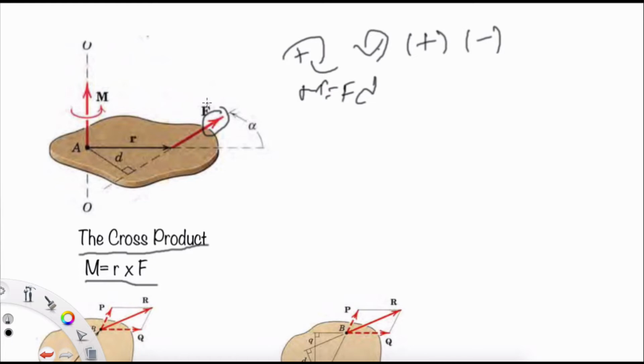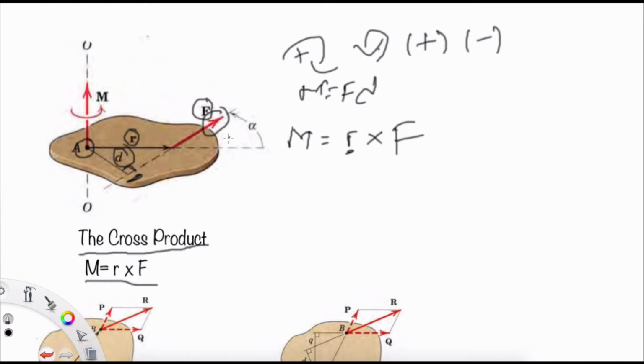In the previous equation we only have F times d, where d is perpendicular to the force from point A. But we can also write this using the cross product: the basic equation is M equals r times F, where r is the position vector which runs from the moment reference point, here A, to any point on the line of action of F.